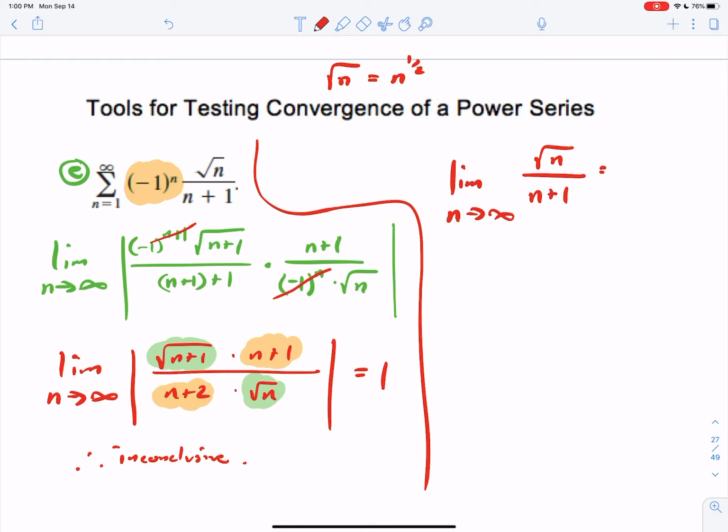So obviously 1 is larger than 1/2. Since the denominator is getting larger faster, we get 0. The limit comes out to 0. Therefore, by the alternating series test, we know that this will converge.